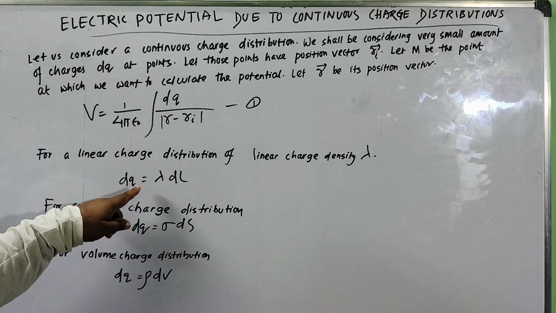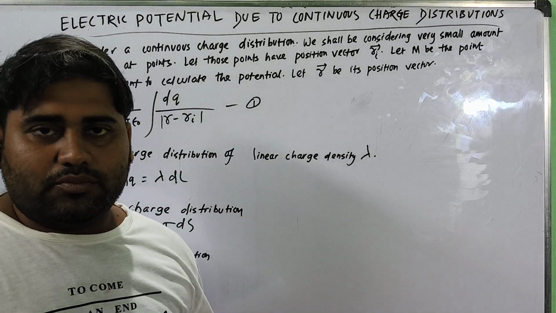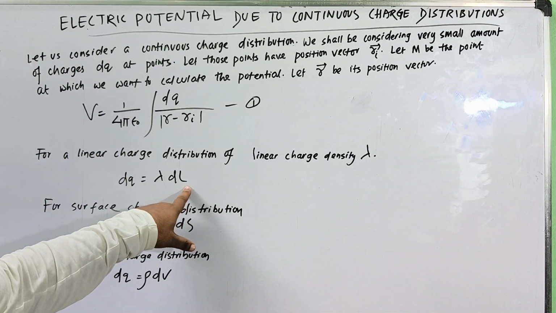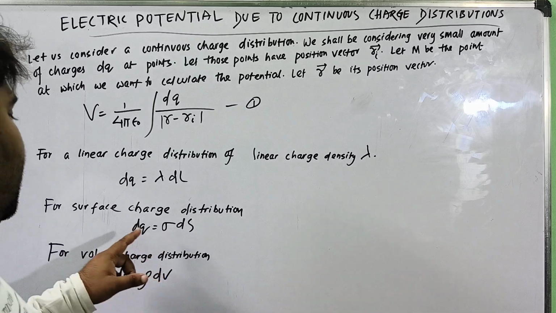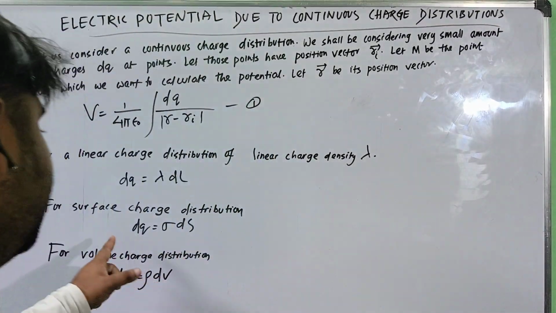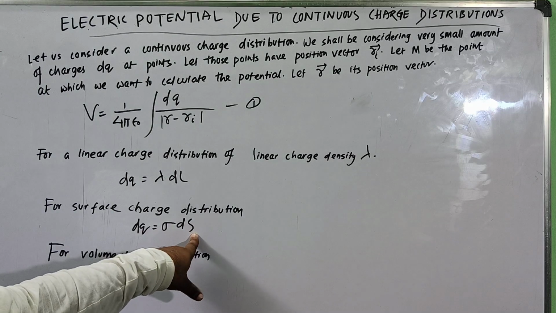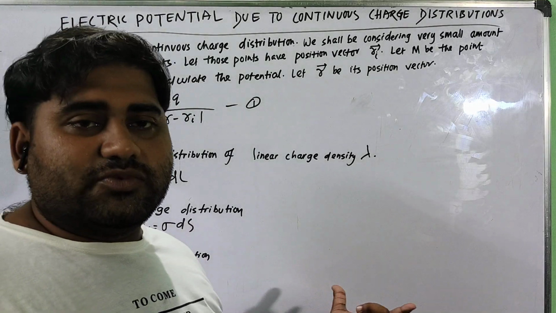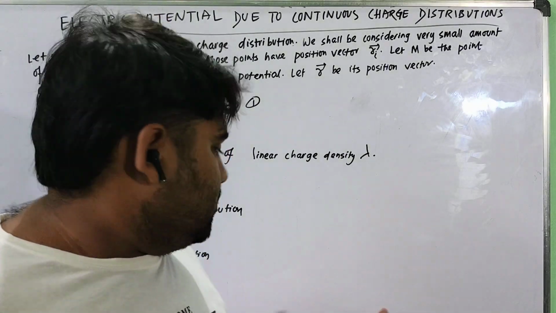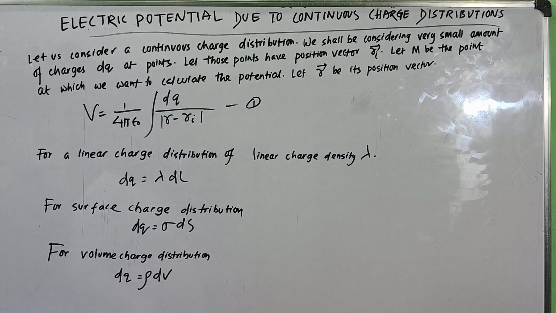Okay, for linear charge distribution, let that potential be VL, denoting length. And for surface charge distribution, let that potential be Vs, denoting surface. And for volume charge distribution, let that potential be Vv, which denotes the volume charge distribution. Why are we doing all these things?